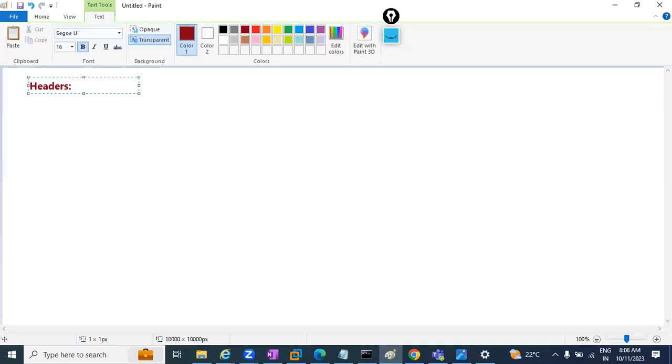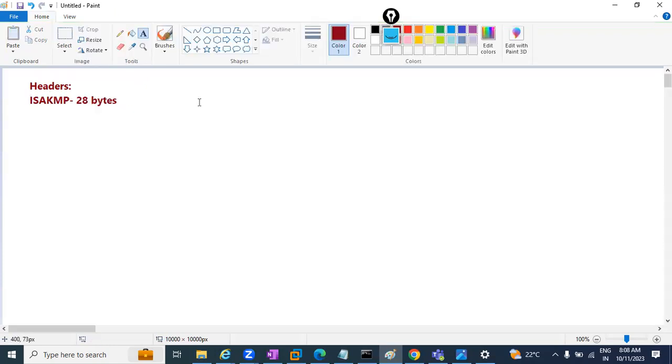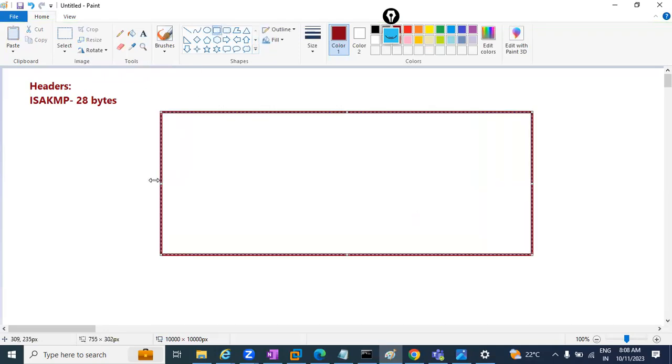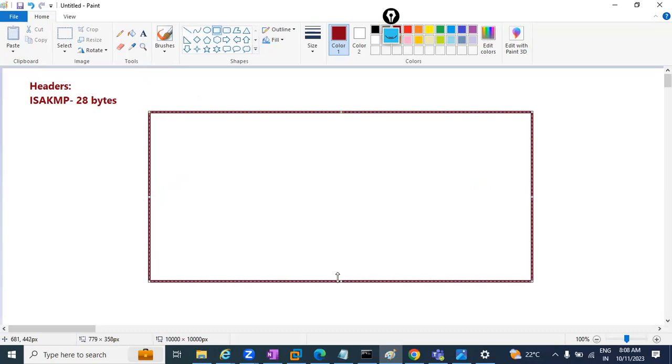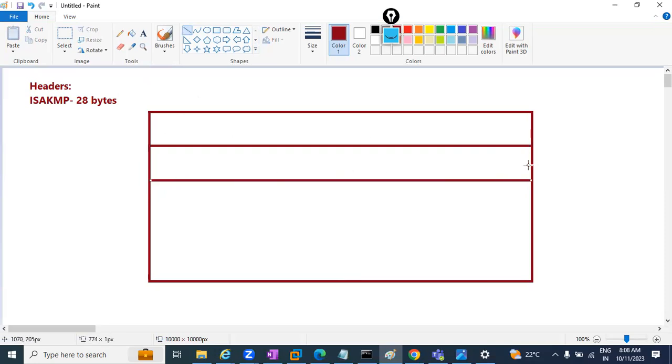The main target for this is the header set. First of all, we would start with the ISAKMP header. The size of the ISAKMP header is 28 bytes. This is how it looks. The total size is 28 bytes overall: initiator SPI, responder SPI, meaning destination SPI.